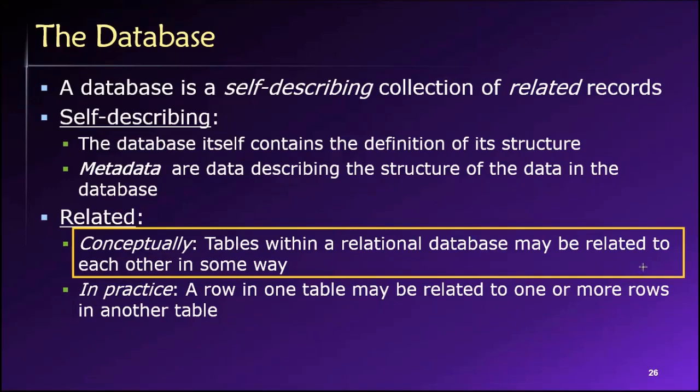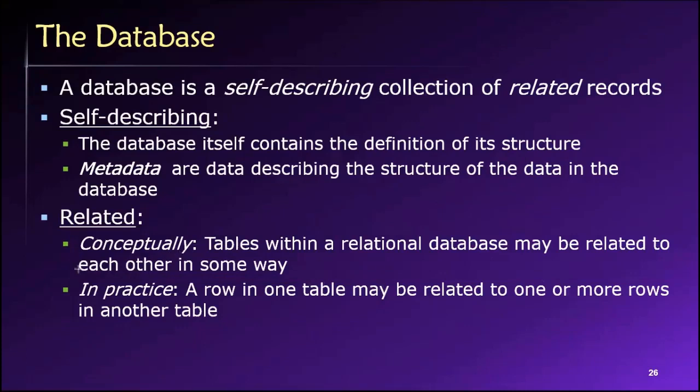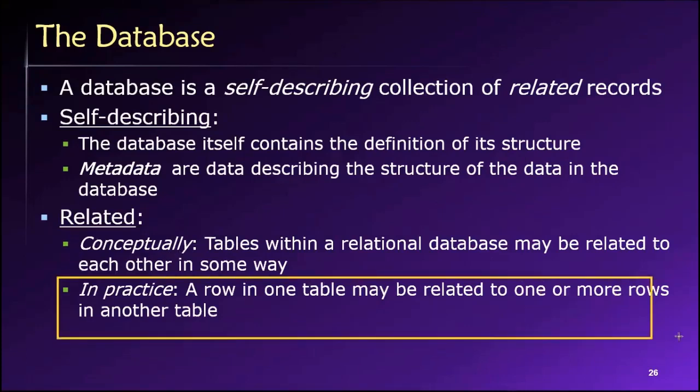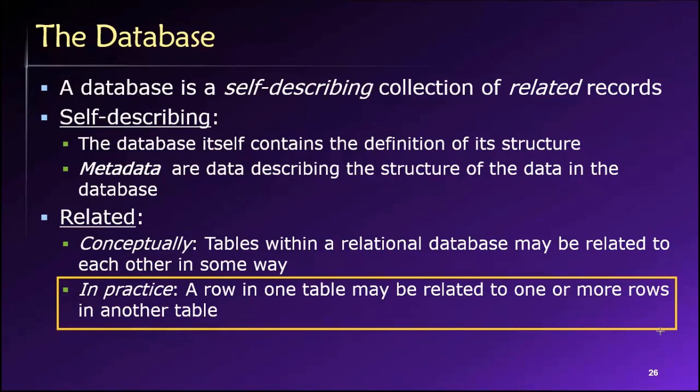These are all conceptual relationships. But in practice, underlying this, we have rows of data in these tables, and those rows are connected to other rows of data in the database by means of these matching pairs of values.